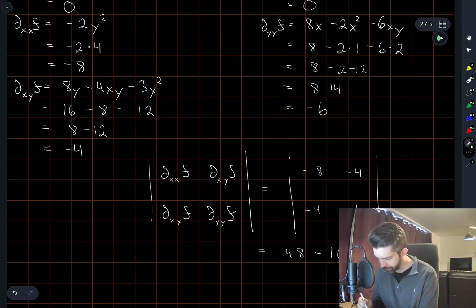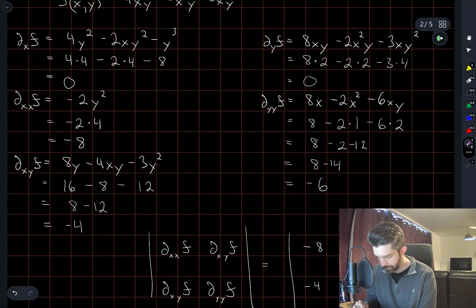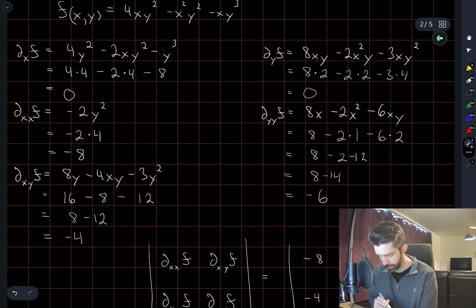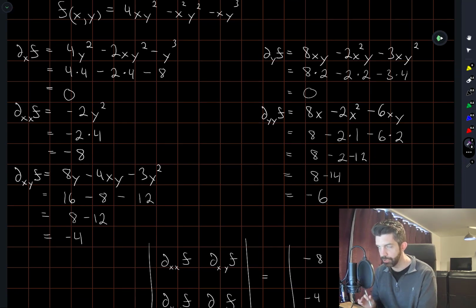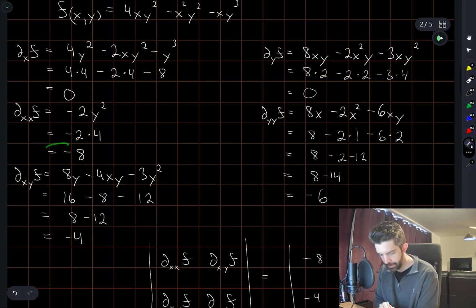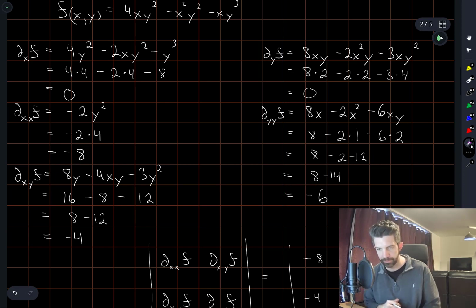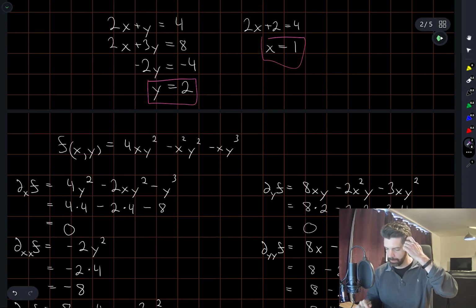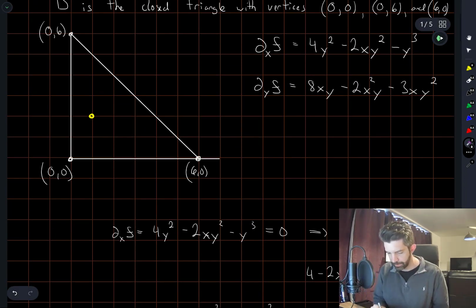Okay, so this determinant is greater than 0, which means that we do have a minimum or maximum, and you'll see that both of the pure second derivatives are negative, meaning that we have a maximum of our function at this point.